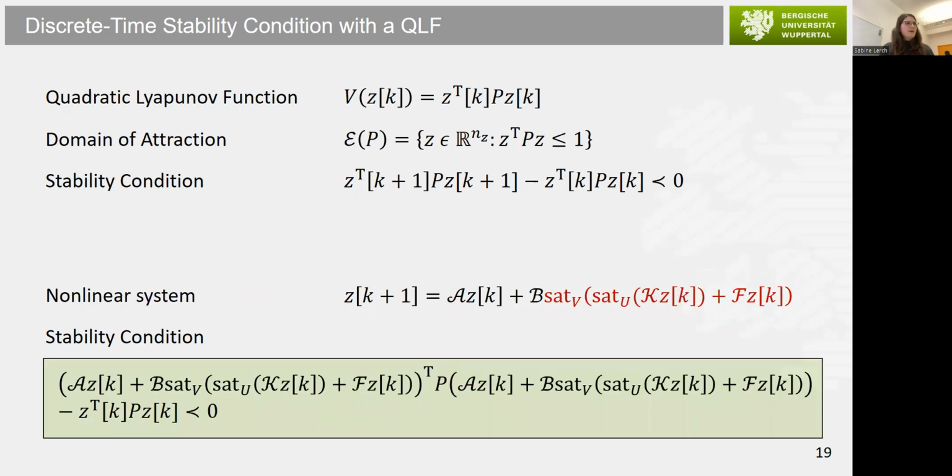But we have this general representation of the closed loop for different controller types. And unfortunately, this is nonlinear due to this nested saturation function. So this leads to this nonlinear stability condition, which cannot be solved by an LMI solver in this way.